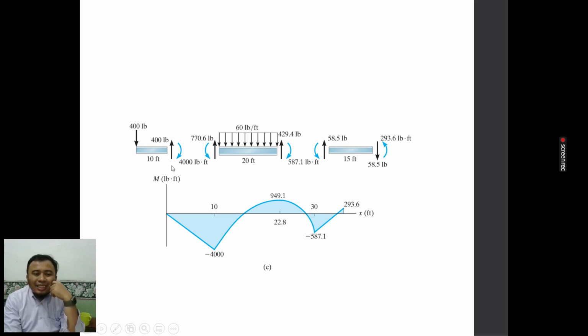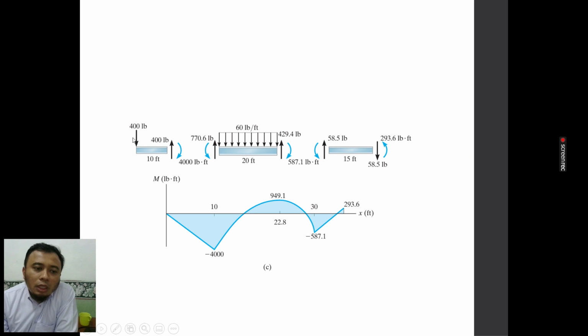If it is a smiley face, it becomes a positive moment. So in this case, because it's a frown, it'll be negative, so negative 4,000, and then the moment increases up until this point, 949.1. But this should be based on your shear force diagram.